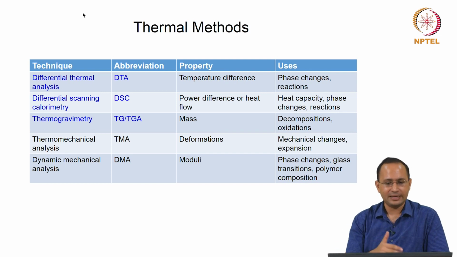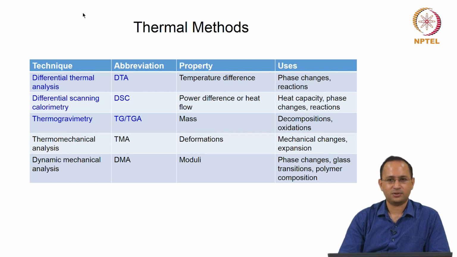Anyway, we will go over each technique, but here I am trying to give you an overview: what are the different techniques, what property do we measure, and where it is used, right. Next is differential scanning calorimetry, DSC, where we are measuring power difference or heat flow, the differential thermal power. It can be used to calculate the heat capacity. Also it can be used to understand the phase changes and various reactions.